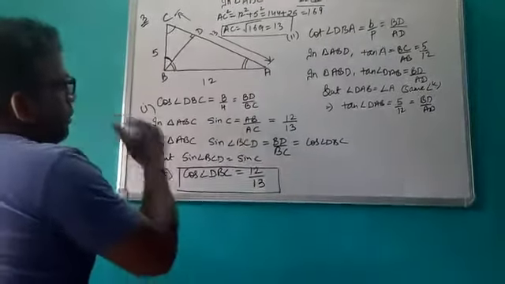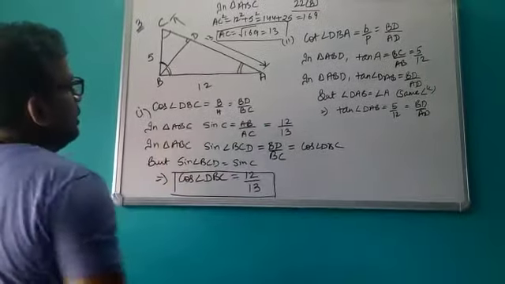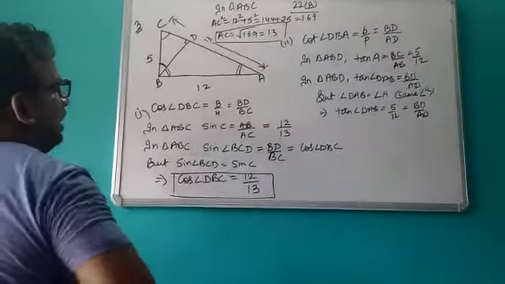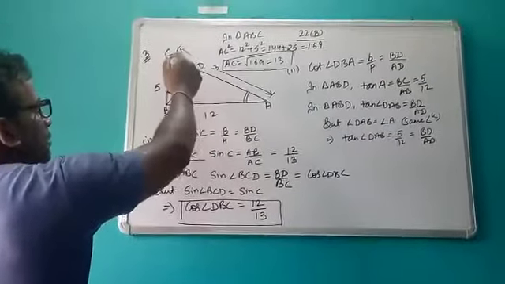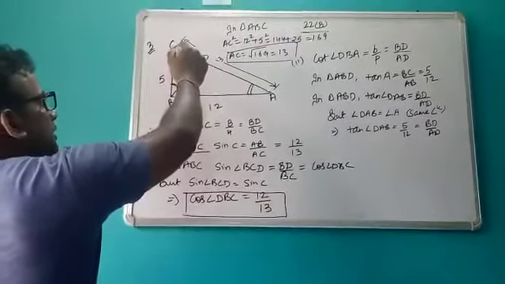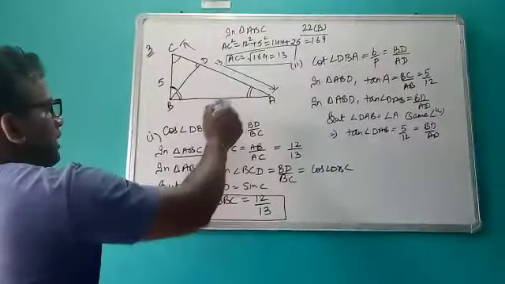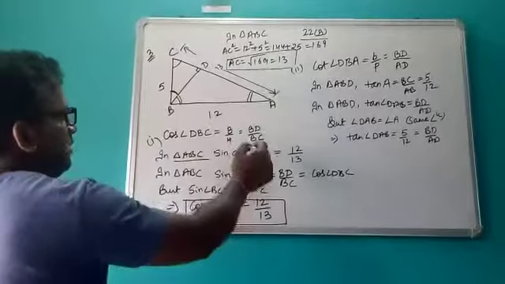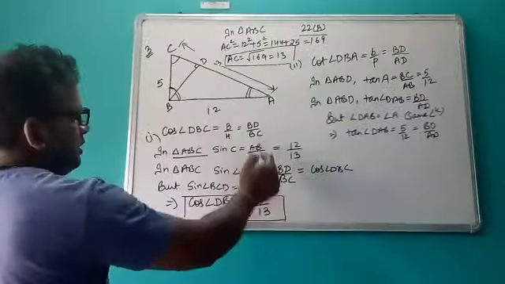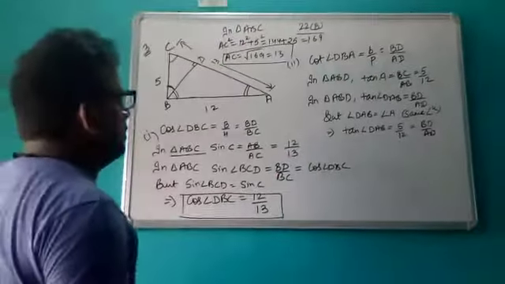Now I pick this big triangle, triangle ABC. For this I have taken the value of sine of C. When you take the value of sine of C, what will you get? The perpendicular AB upon the hypotenuse AC, which is 12 upon 13.